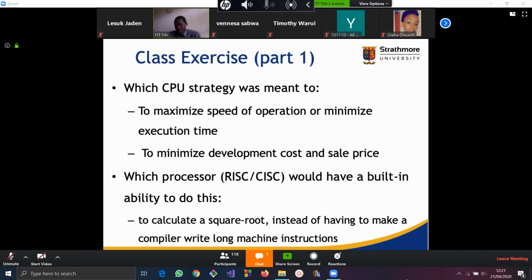I want you guys to remember that breaking down the instruction set into smaller bits does not increase execution time. If a program originally has maybe 10 lines of code, and you break it down into 20 or 50, that doesn't reduce the execution time.